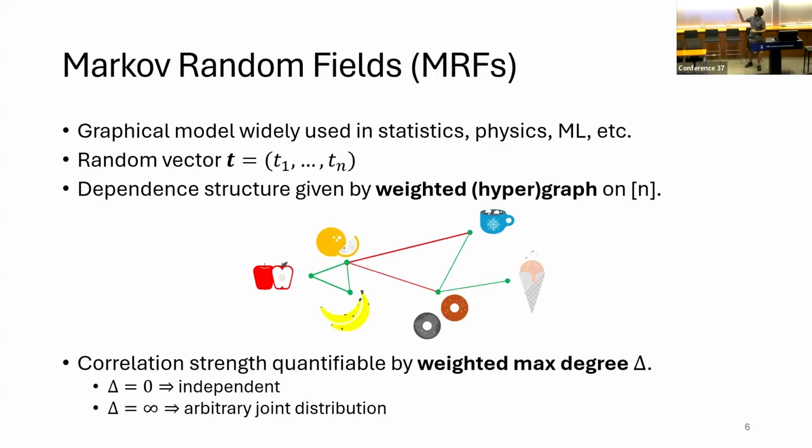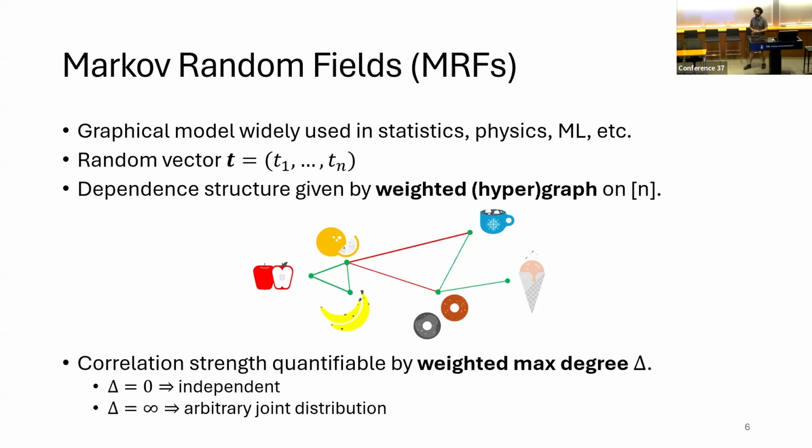And I won't give the precise definition of these Markov random fields, but I'll try to give a rough sketch of their structure. So essentially with these Markov random fields, we have some random vector, and the coordinates of this vector have correlations that are modeled by some weighted hypergraph.